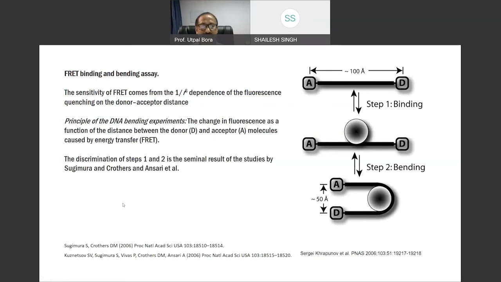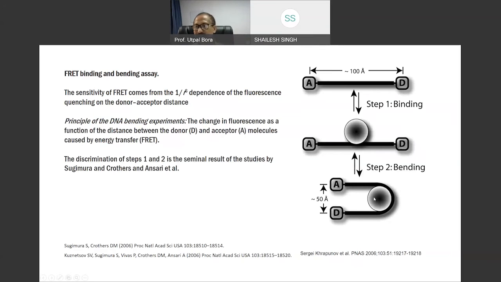Some protein molecules will bind to DNA and form bends. Okay, now what have scientists done? They have developed FRET assays where you have a donor D and an acceptor molecule, and they cause energy transfer, right?